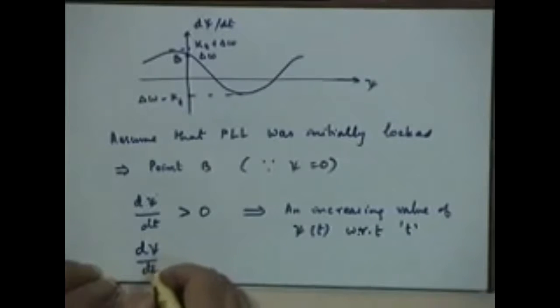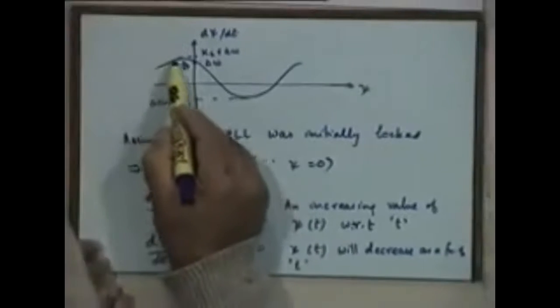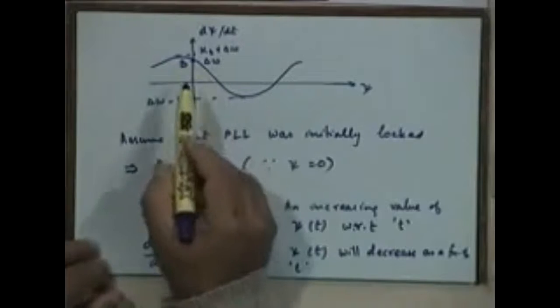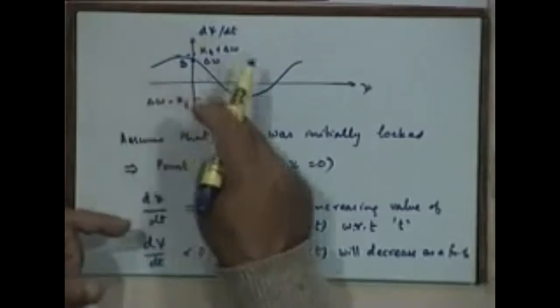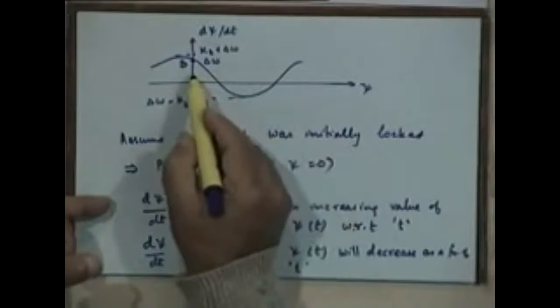Similarly, on the other hand, when d psi by dt is negative, psi of t will decrease as a function of time, right. What does it mean? That if you are on the positive side of this phase plane plot anywhere, we will move along this trajectory. The d psi by dt and psi of t always have to be related by this trajectory, right. You can only move along this, right.